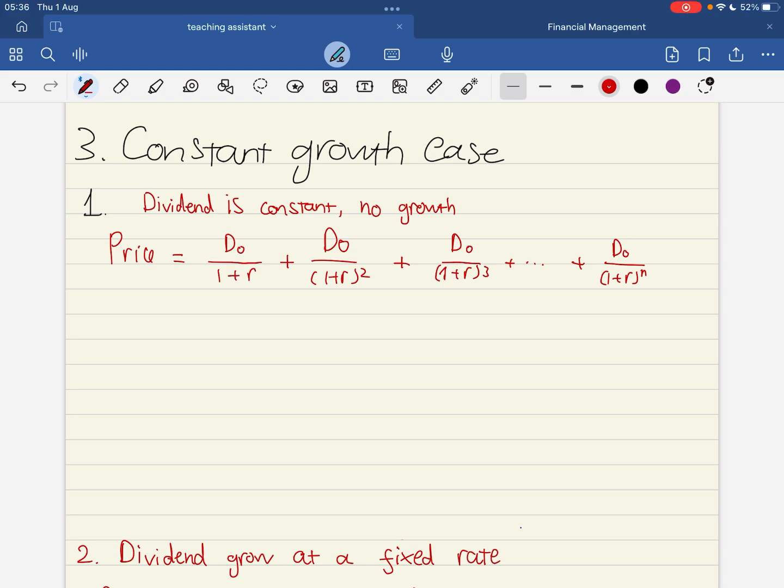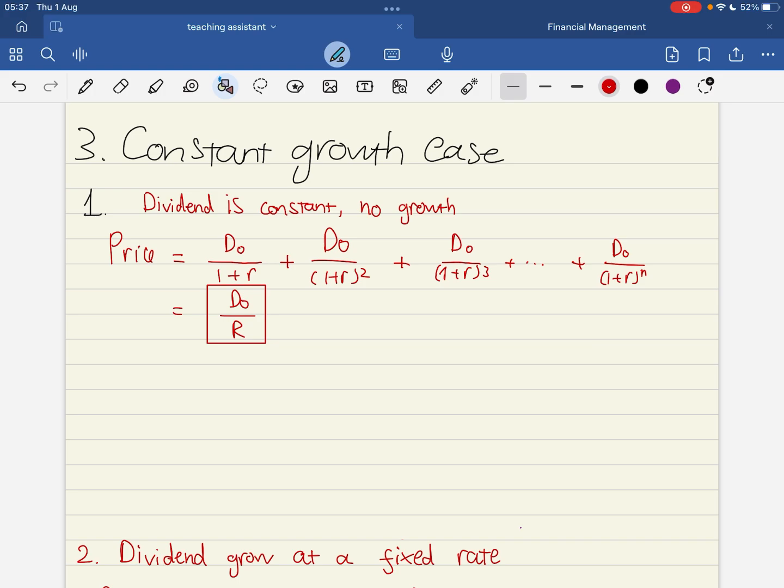But actually, this infinite series is equal to D0 divided by R. And this is the final formula. The price in the case where the dividend is constant is D0 divided by R.